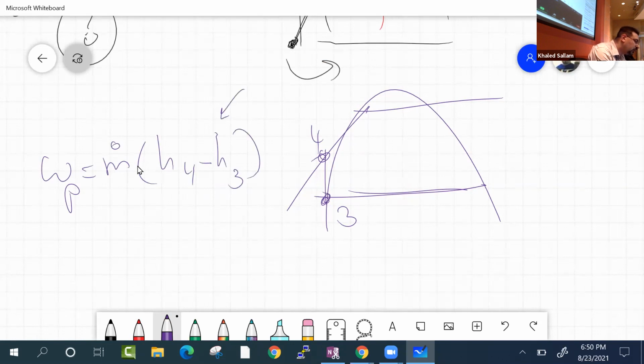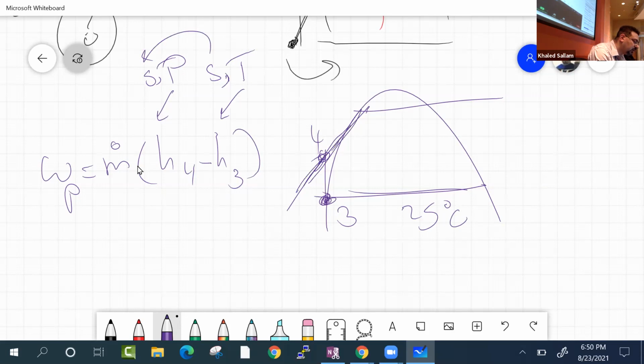And each one of those requires two properties, like the S and the T. If you know this is 25 degrees C and you know that it's saturated liquid, you can get the S. And then you would say that S is the same as that S. Then you come over here, you know the pressure, and you know the entropy is the same because it's an ideal pump, same entropy, so you got your H4.